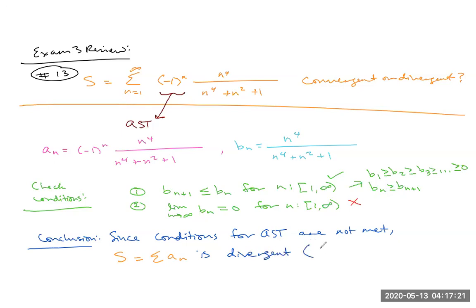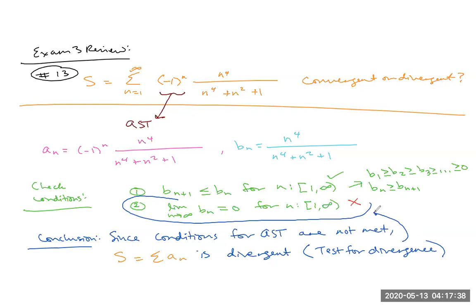And it's actually divergent by the test for divergence from here. So you can draw that conclusion from the information about B sub n for this particular problem.